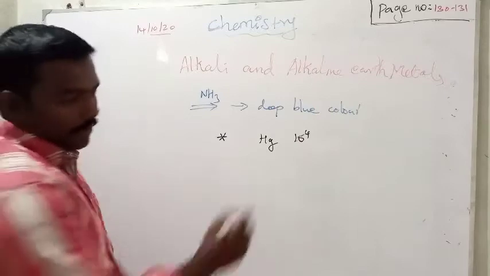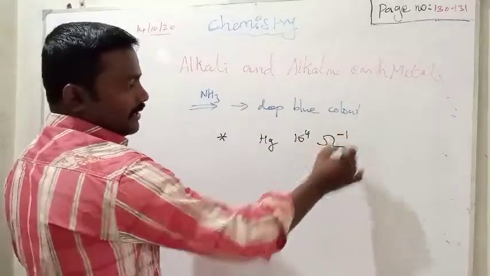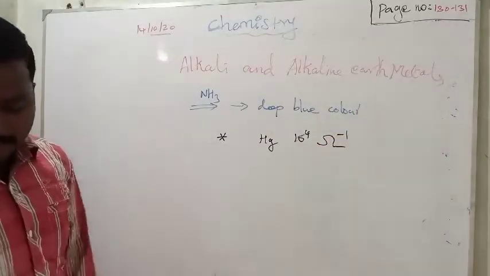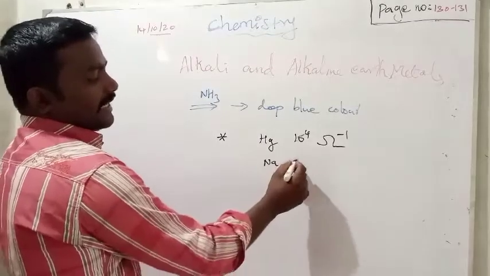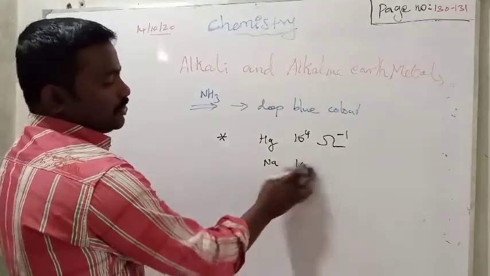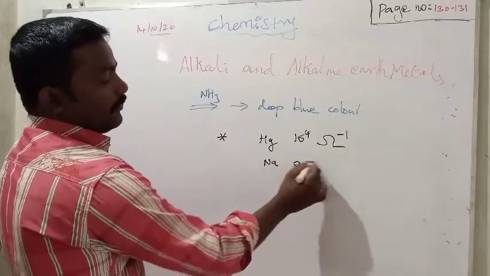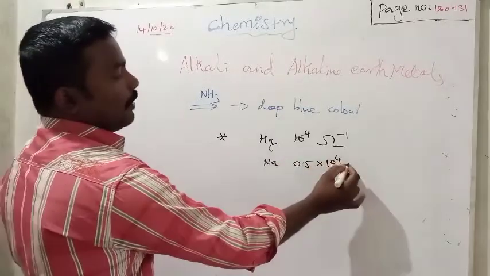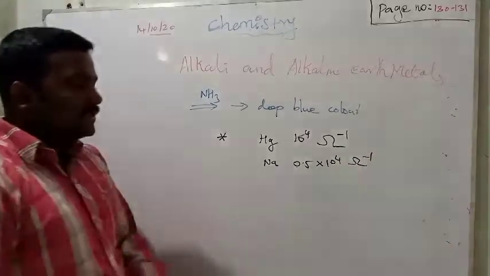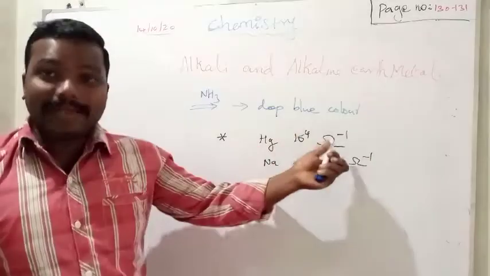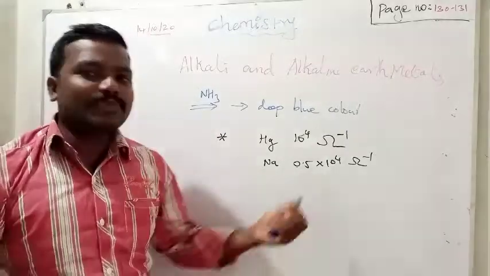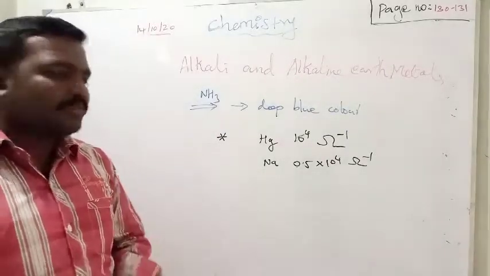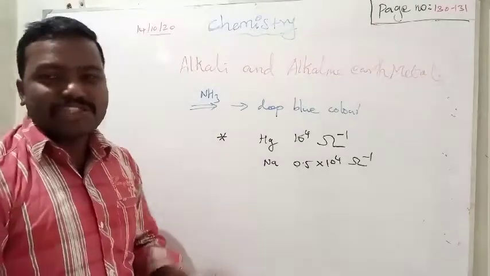What's the unit? Ohm inverse. If you see liquid sodium, it has a conductivity of 0.5 into 10 power 4 ohm inverse. See, pure metal has only 10 power 4, nearly the same; 0.5 is not a big change.